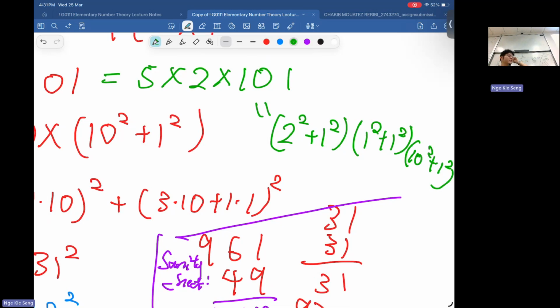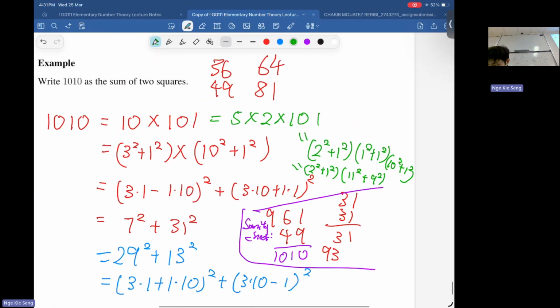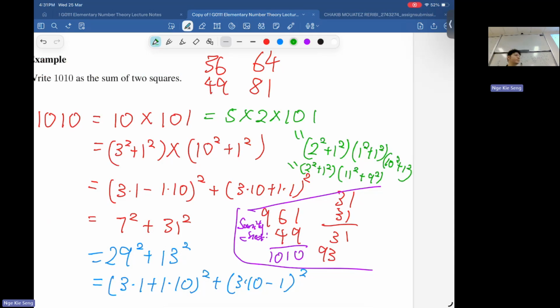So you mean you combine the last two, they become what? 11 squared? 9 squared, okay. And then did you get a different sum of squares? 13, 29, okay.